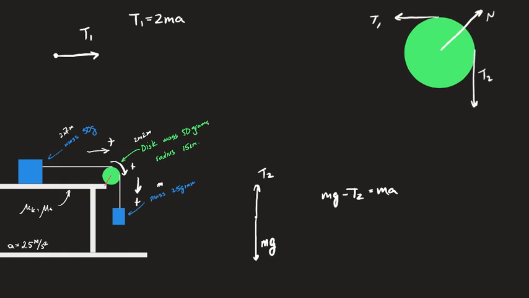And it's probably also experiencing 2mg. Right, it's got weight. No reason to believe it doesn't. We didn't talk about that before, but it would. So I think those are the 4 forces acting on the pulley. But I think it's pretty clear the pulley is fixed in space and has a clear pivot point about its center. So if that's our pivot point, only 2 of these forces are causing torques.